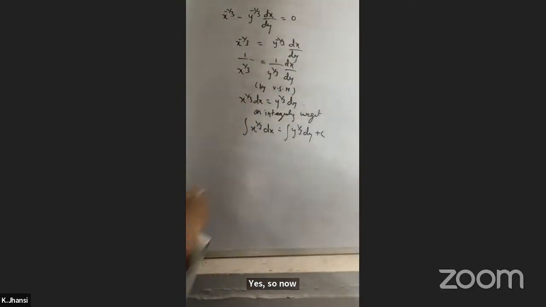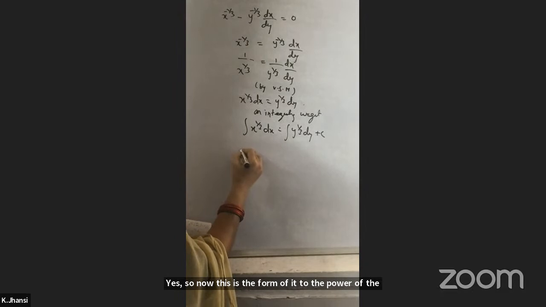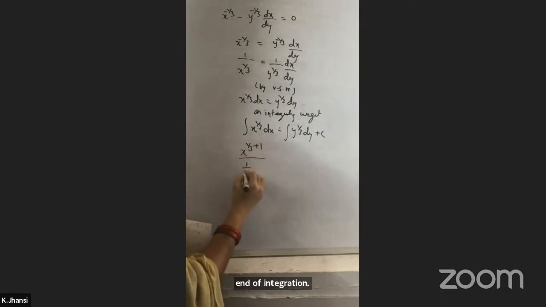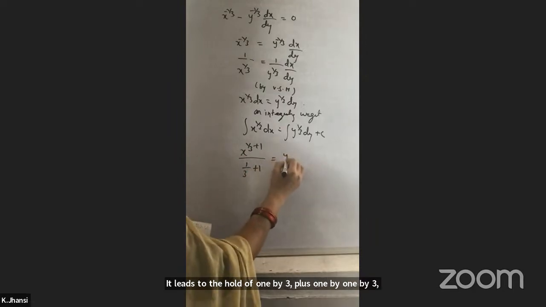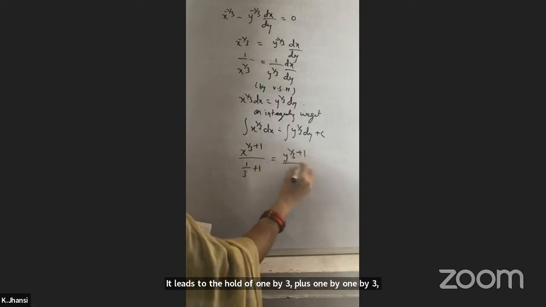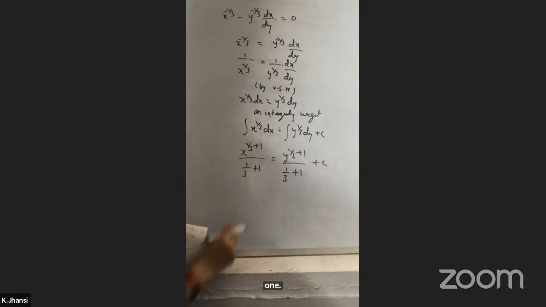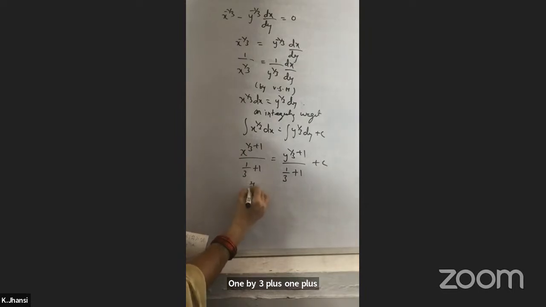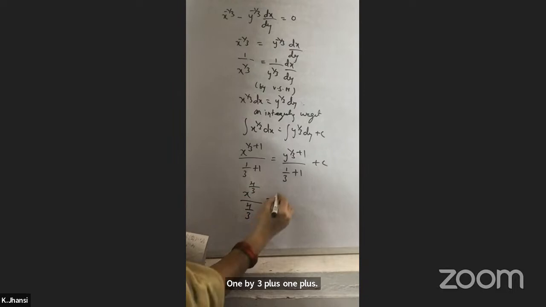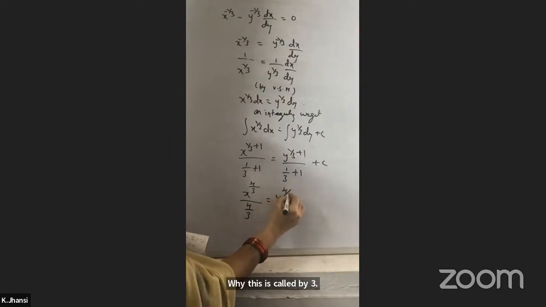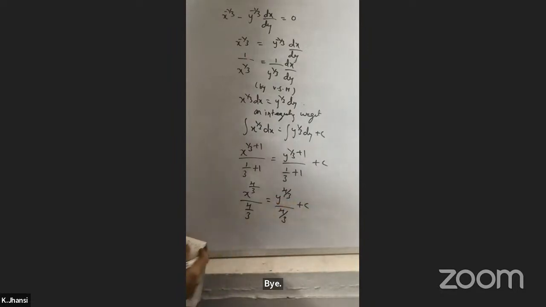Integration of x to the power of n means x to the power of n plus 1 by n plus 1. So it is x to the power of 1 by 3 plus 1 by 1 by 3 plus 1 equals to y to the power of 1 by 3 plus 1 by 1 by 3 plus 1 plus c. Okay. So 1 by 3 plus 1 is 4 by 3. That is x to the power of 4 by 3 by 4 by 3 is equals to y to the power of 4 by 3 by 4 by 3 plus c. Okay.